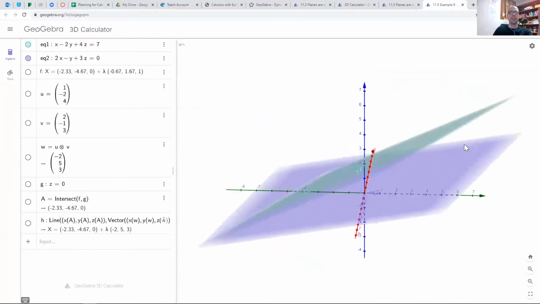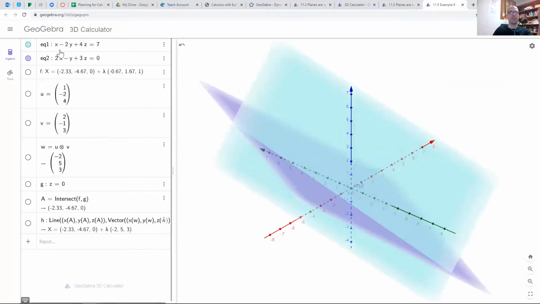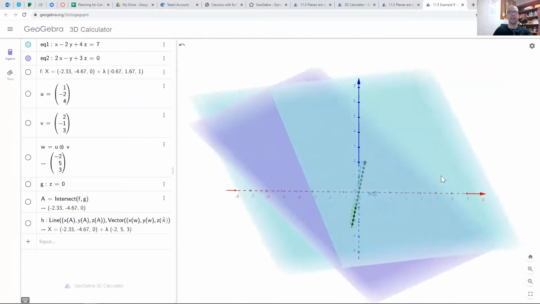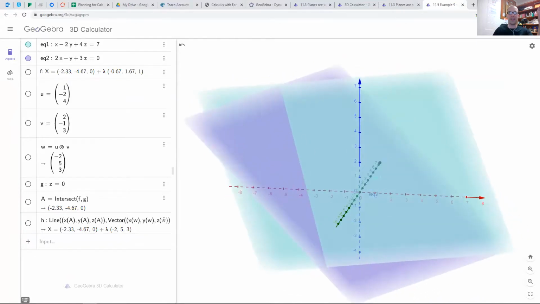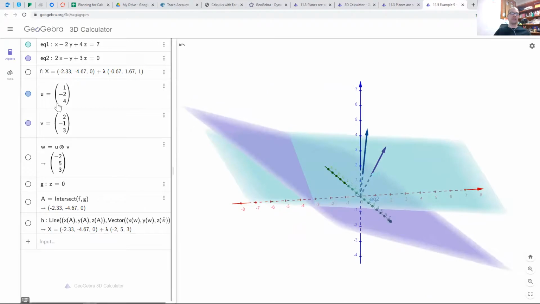So here are our two planes given by these scalar equations. We're trying to find the equation of the line between them. First thing to do, two normal vectors. And those are, again, just the coefficients on our scalar equations.